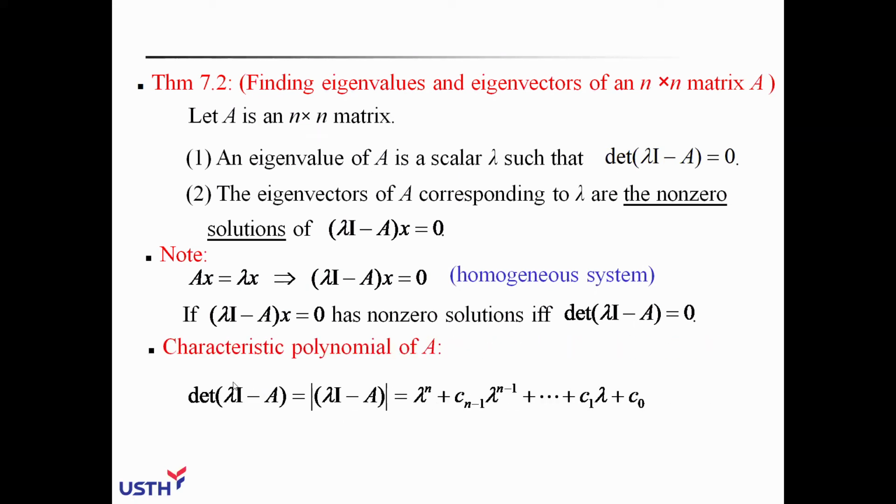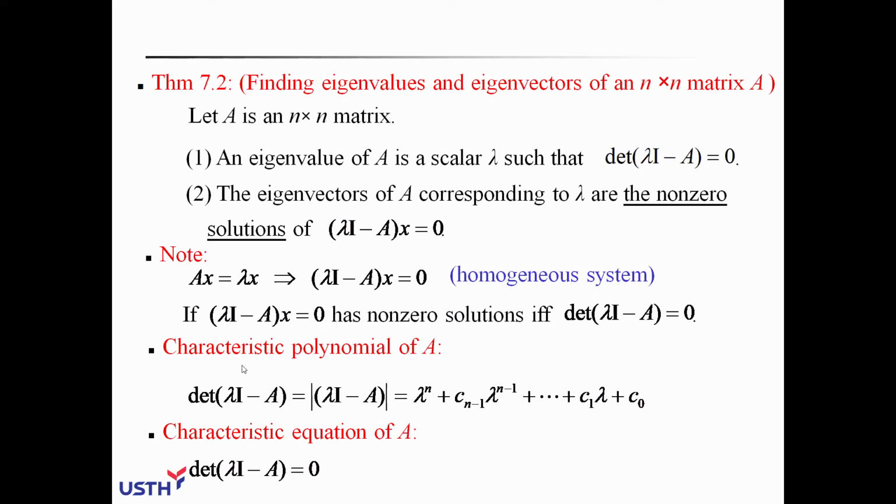That equation, determinant of lambda I minus A equals 0, has the name characteristic equation of A, that is here. And the left hand side, determinant of lambda I minus A, will be a polynomial in the variable lambda of order n.